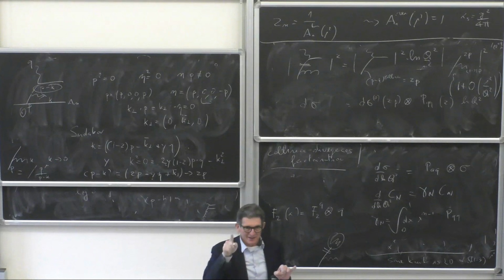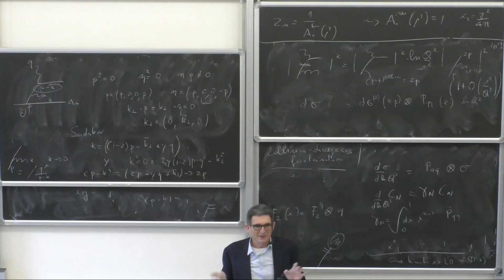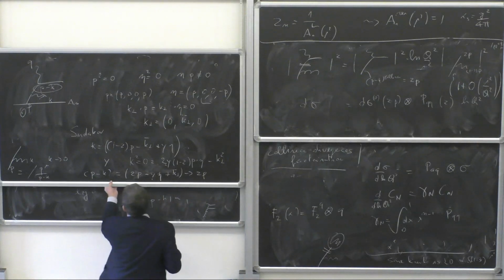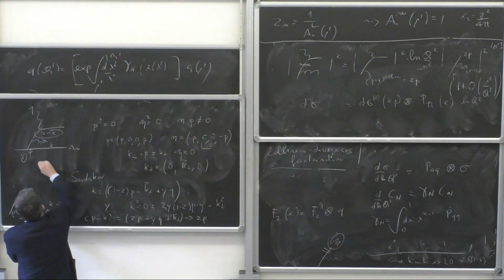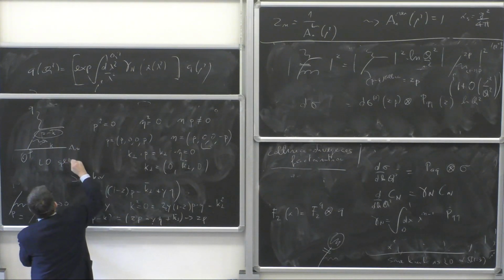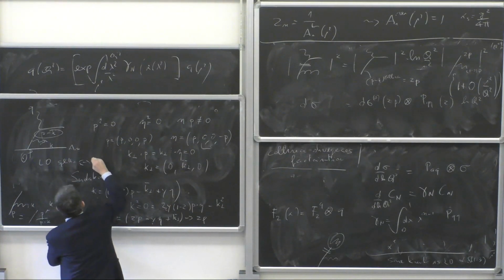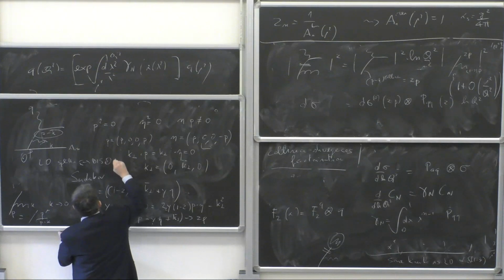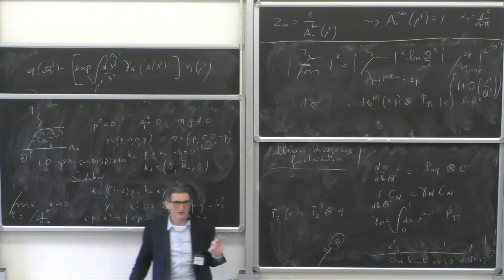Because the leading order deep inelastic scattering is just a delta. So if I want to get the leading order splitting function, I have to calculate DIS at next to leading order on a free quark target.